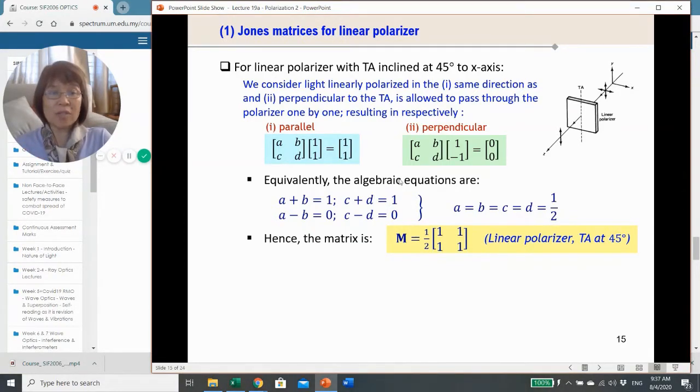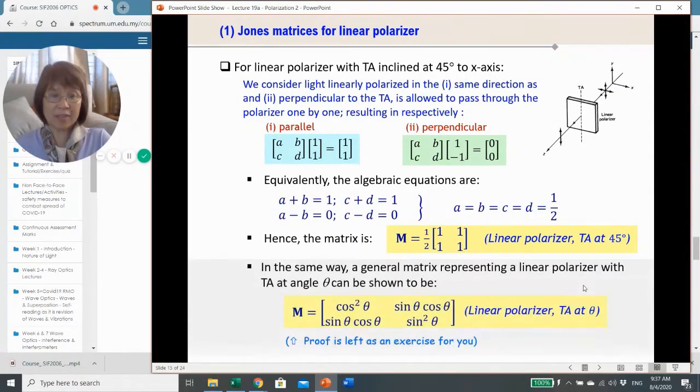So putting all these values into this matrix, you can represent the linear polarizer with a transmission axis inclined at 45-degree angle by bringing out the common factor: 1, 1, 1, 1, with a prefactor of half.